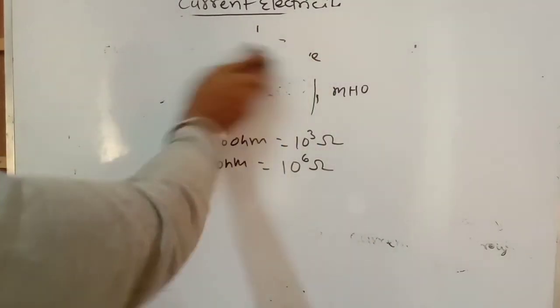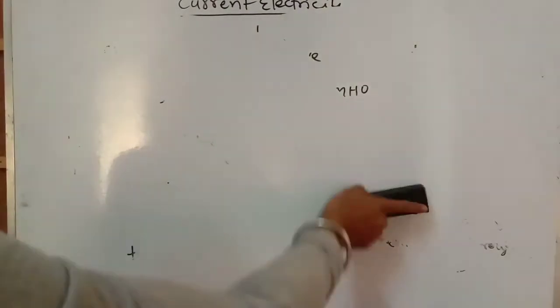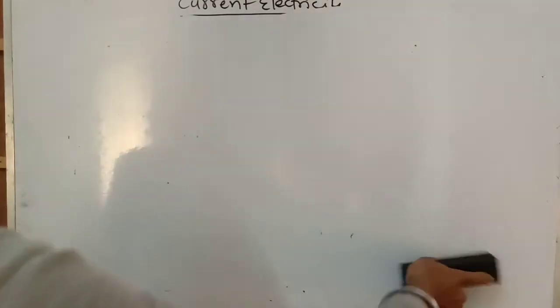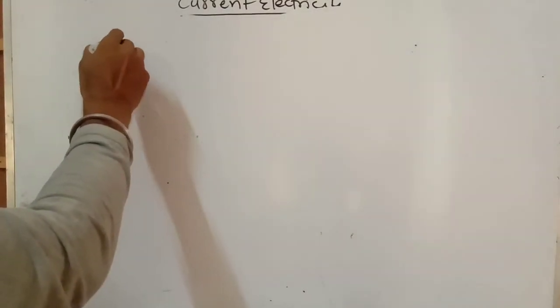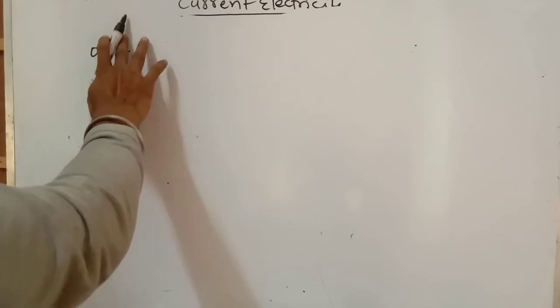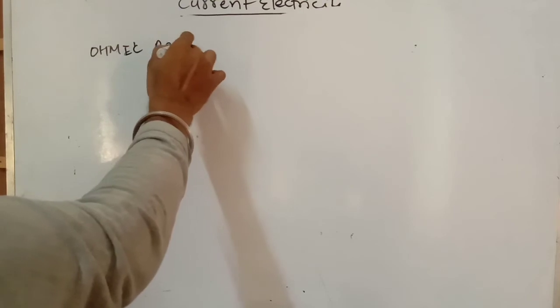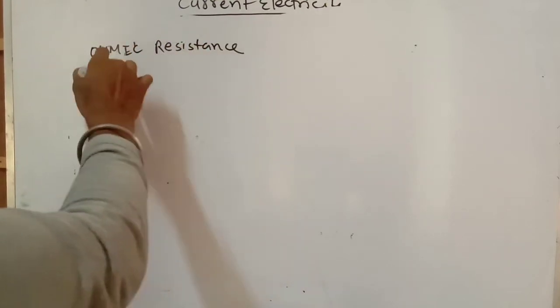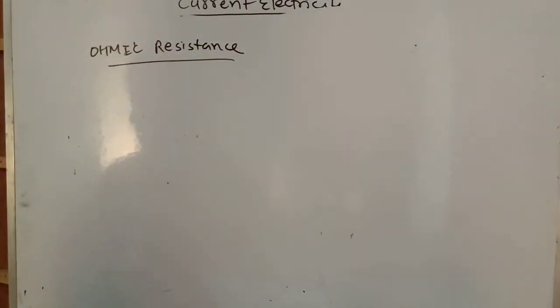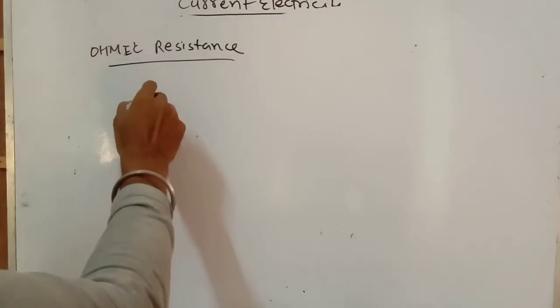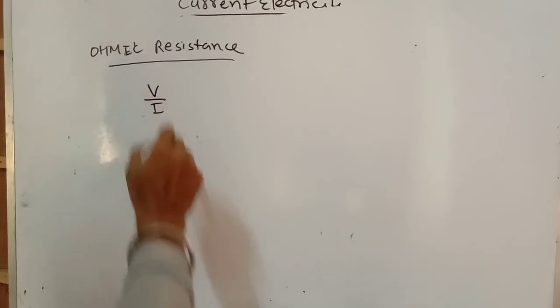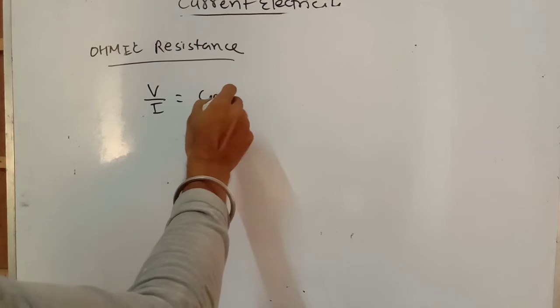Similarly, what is ohmic resistance and non-ohmic resistance? In ohmic resistance, V by I always becomes a constant.